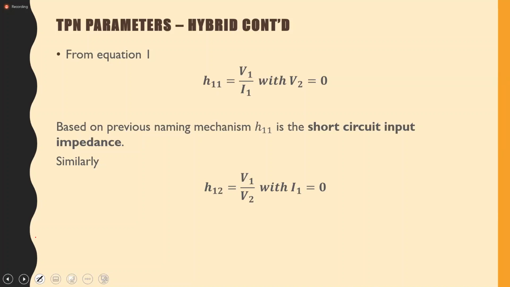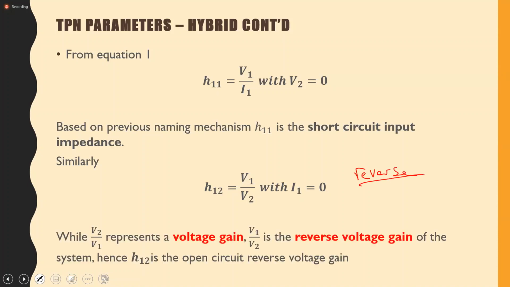Now, unlike the other parameters, and I am accepting the transfer, but just to distinguish it a bit, instead of saying transfer, we use the term reverse. So the full name for this parameter would be the reverse or open circuit reverse voltage gain.